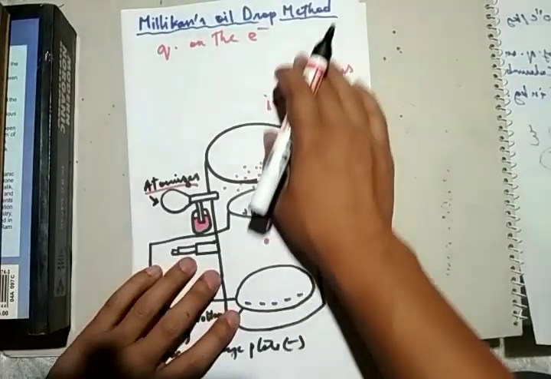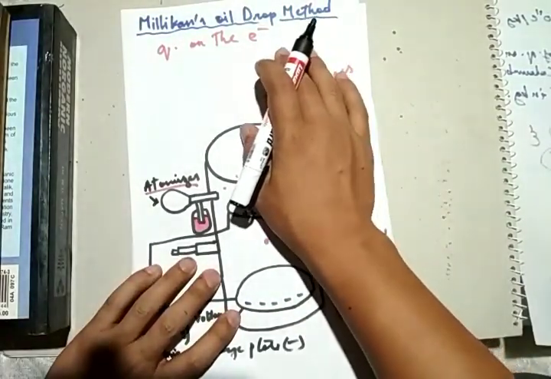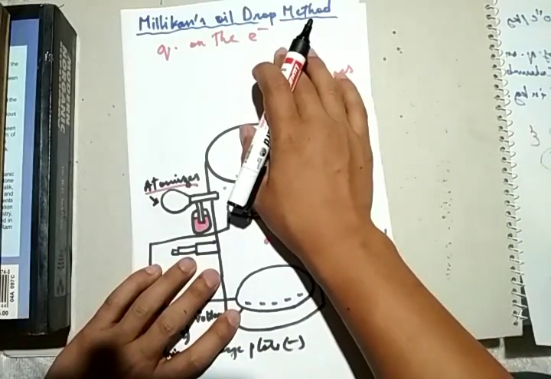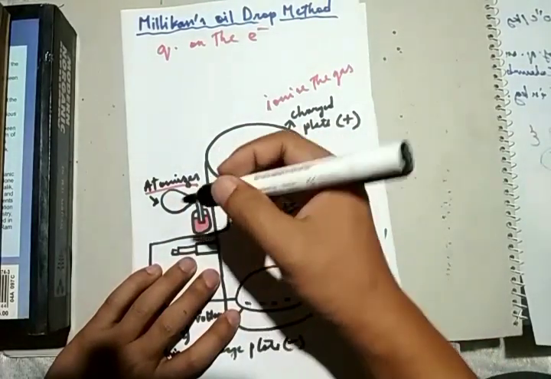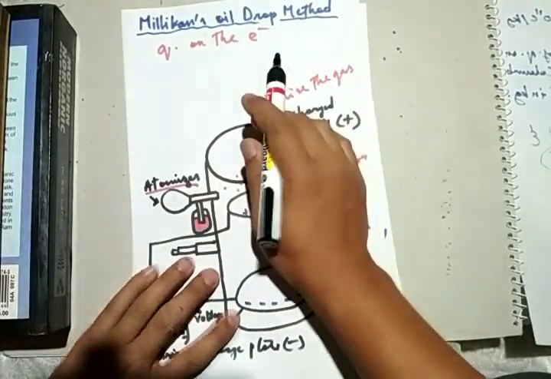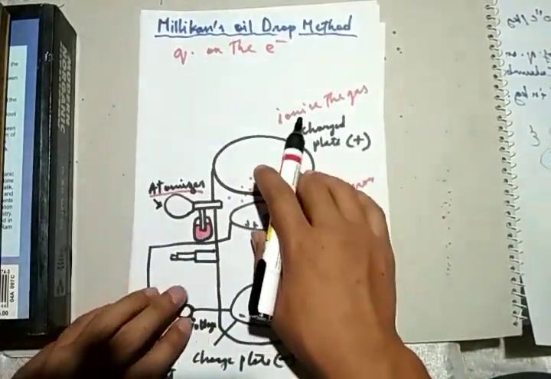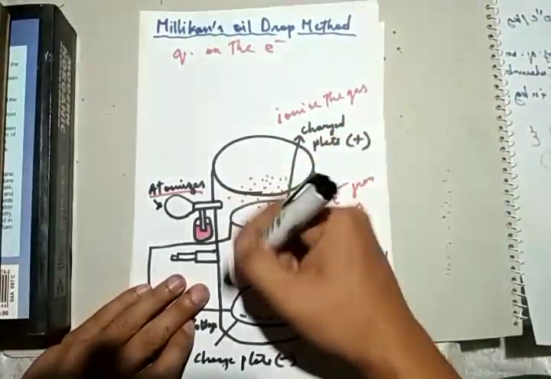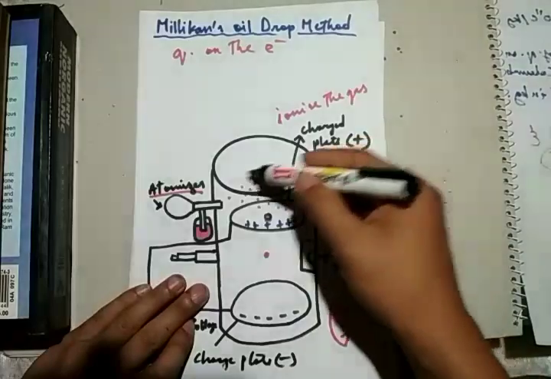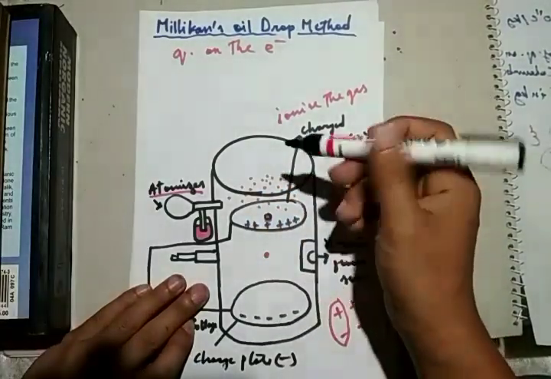So this method or this apparatus is also known as the oil drop experiment, because he used oil to determine the value of charge on the electron. This apparatus consists of a chamber filled with gas.